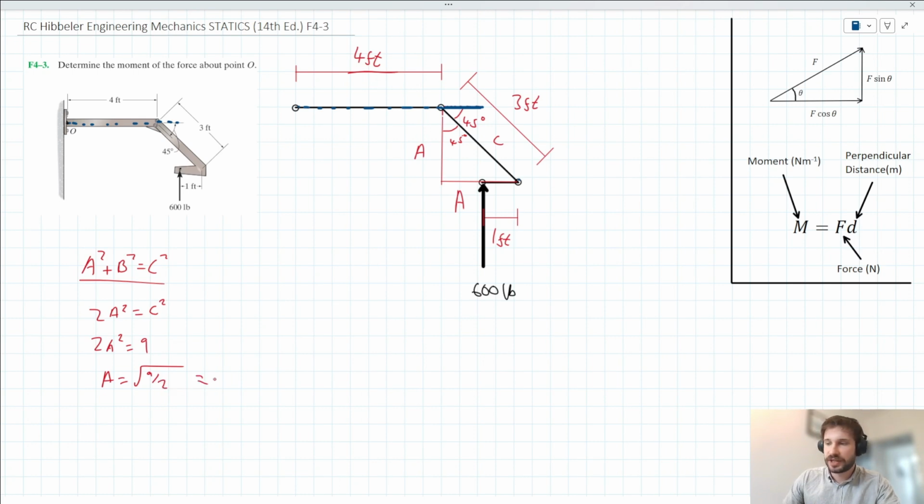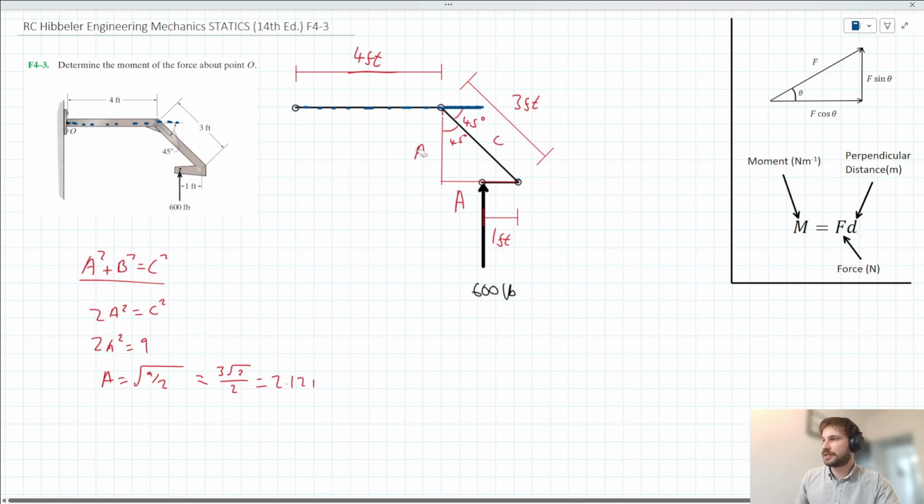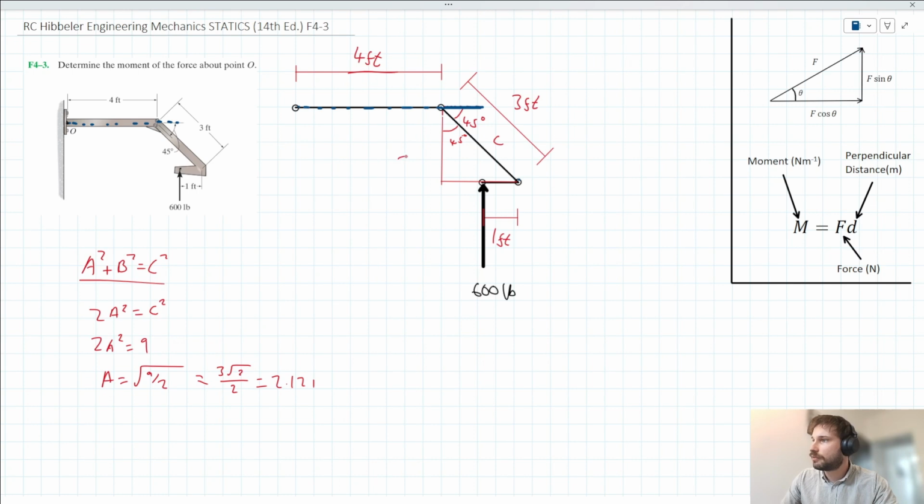Now, when we put this in our calculator, it gives us something that looks like this in surd form, and we can also decimalize it to something like 2.121. Okay, so we know then that this length and this length are both equal to roughly 2.121, right?